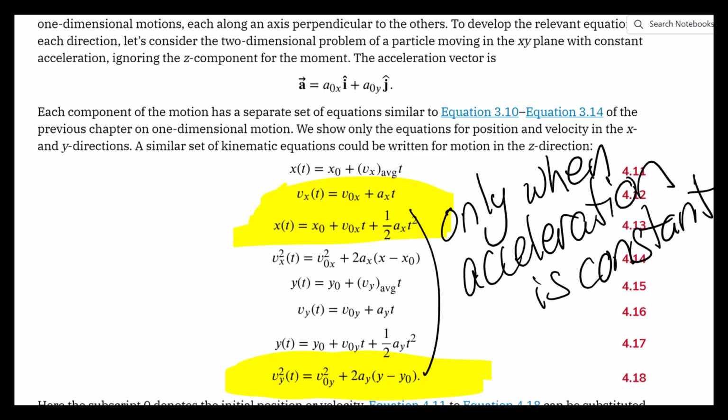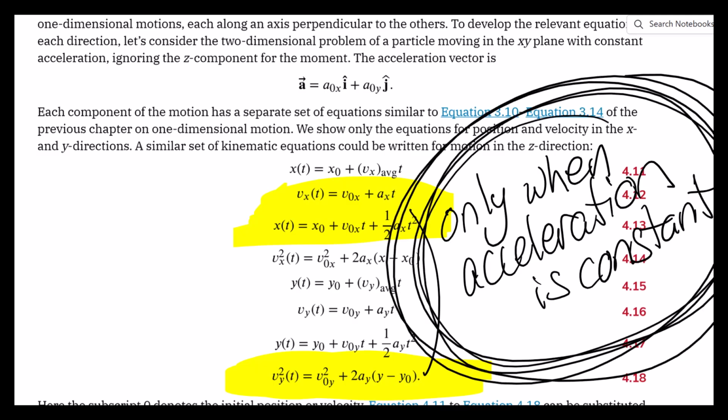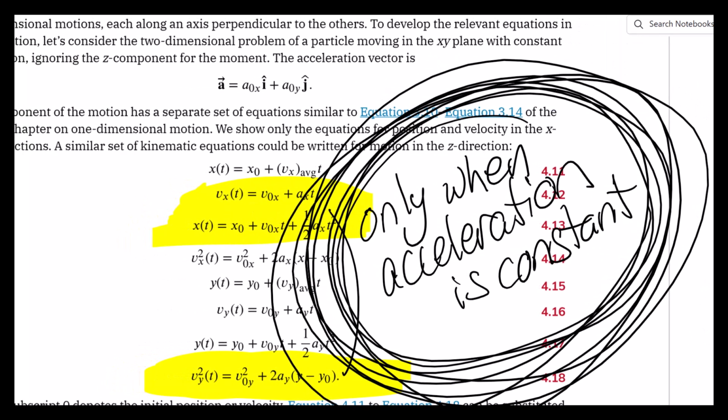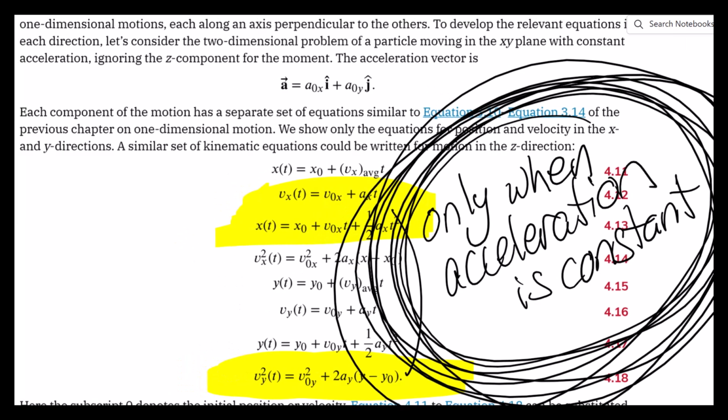In real life, the only time you might see constant acceleration is with gravity, and even then it's not officially like that. It's just when we assume the cow is spherical. So these are wonderful equations and they're fine, but they're only valid when acceleration is constant, and any other time you a trillion gajillion percent need to be going back to the definition of a derivative and an integral.